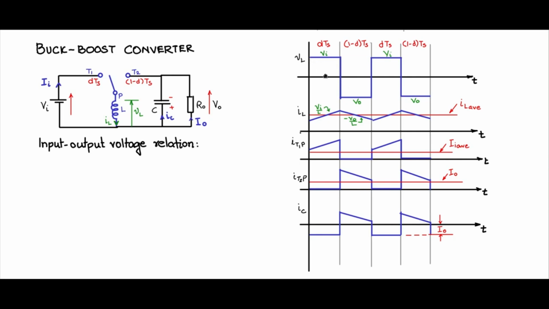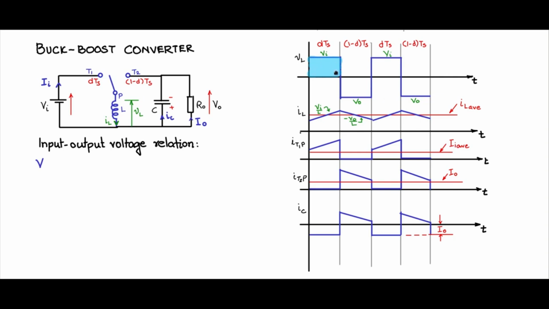So this is the portion of the inductor voltage waveform above the zero line, and this is the portion of the inductor waveform below the zero line. The area under this portion of the curve and area under this portion of the curve should cancel out and balance each other out in the steady state. So that is what we will be doing, applying the volt second balance.